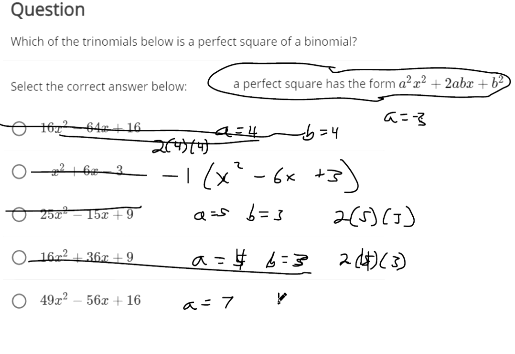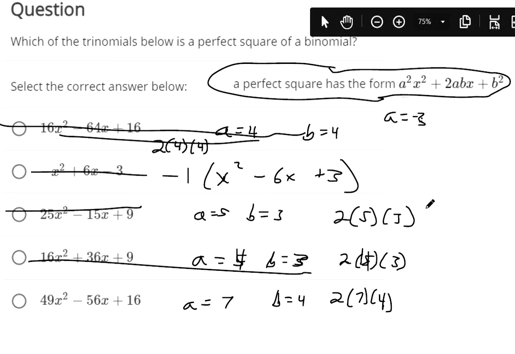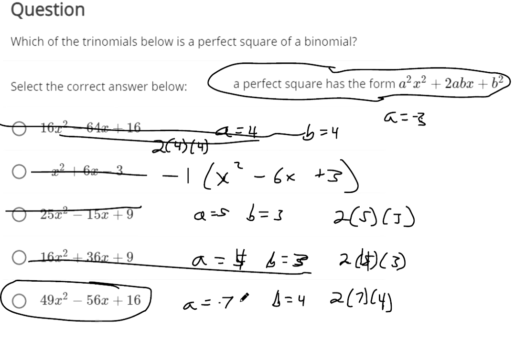A would be 7, B would be 4. And then 2 times 7 times 4. 2 times 7 makes 14, and 14 times 4 makes 56. So that checks out. This is a perfect square trinomial. You could let A be -7, or you could let B be -4. Either one, and you'll get to the right answer.